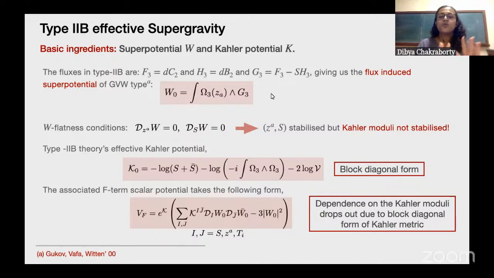Okay. So now this is a busy slide, but it is not so complicated. What I'm showing you is the following. I started from 10-dimensional effective supergravity, type IIB supergravity. Then from there, I dimensionally reduced. And I told you, right, that all this information is not going to be lost. So this information is actually encoded in this superpotential and Kähler potential.